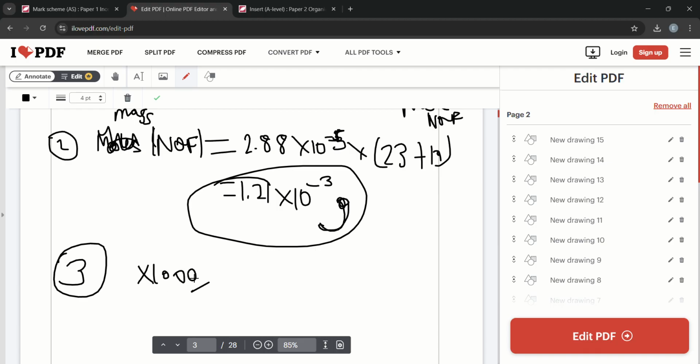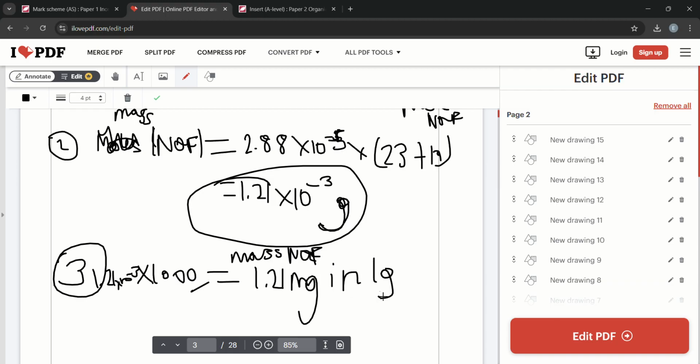So 1.21 times 10 to the power minus 3 times 1,000 gives 1.21 milligrams. We just get rid of the 10 to the power minus 3. This is the mass of NaF in milligrams in 1 gram.